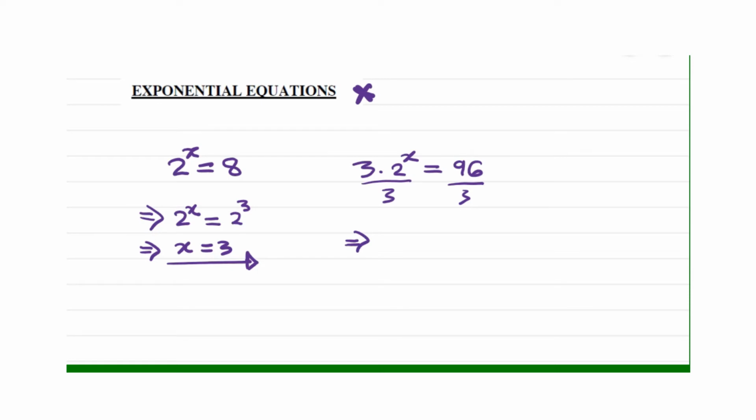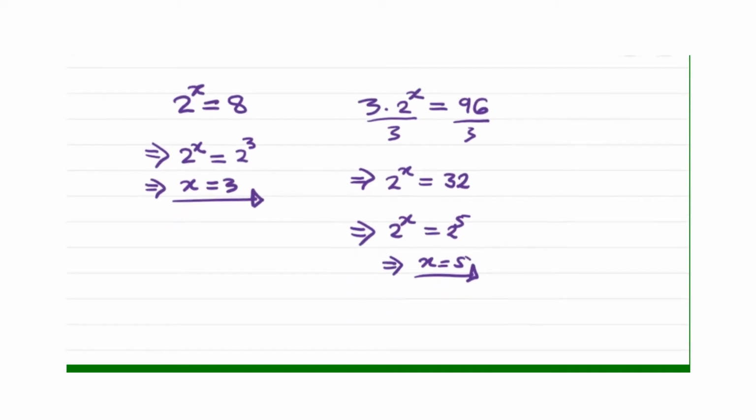Therefore 2 to the power x equals 96 divided by 3, and we get 32. Rewriting 32 as a product of prime factors, 2 to the power x equals 2 to the power 5. Therefore x is equal to 5. Importantly, when the bases are the same, the exponents are the same.